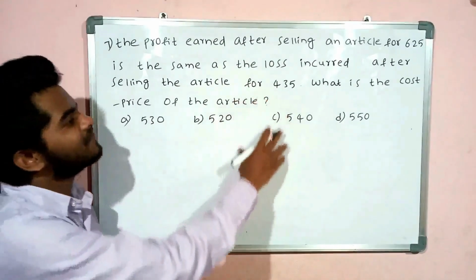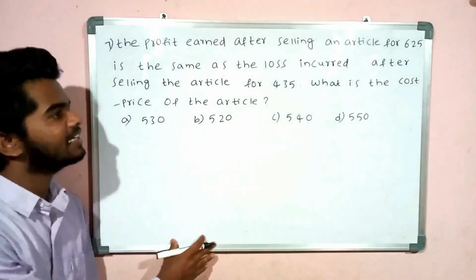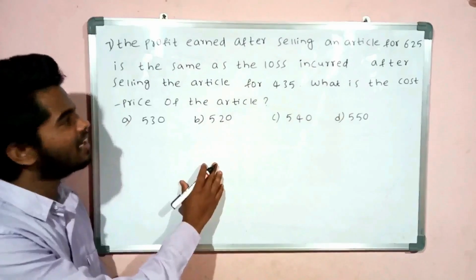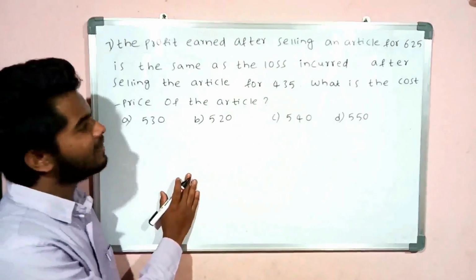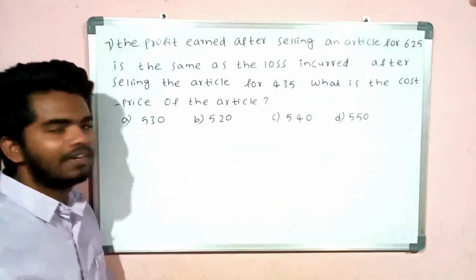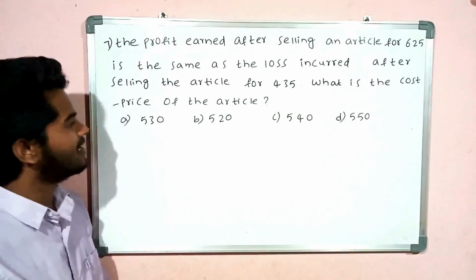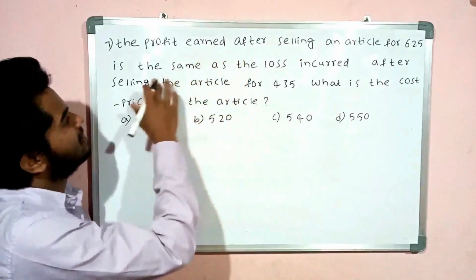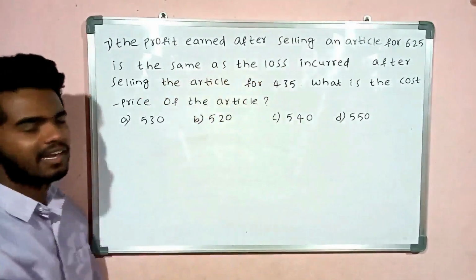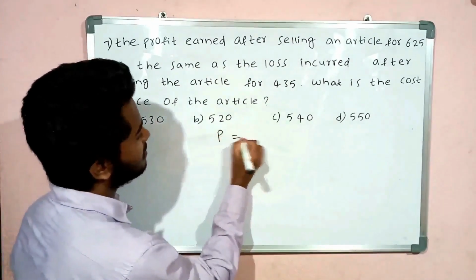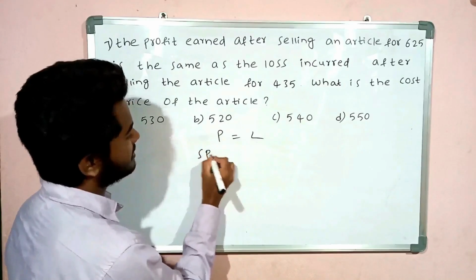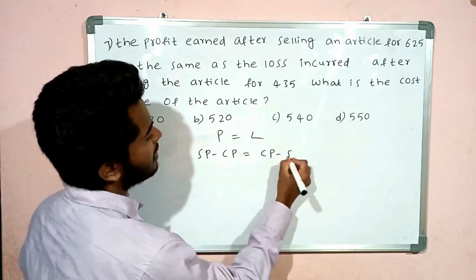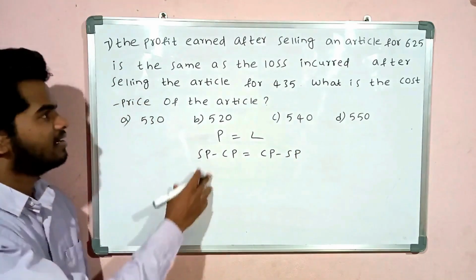Question number 7. The profit earned after selling an article for 625 is the same as the loss incurred after selling the article for 435. What is the cost price of the article? Profit equals loss. Profit equals selling price minus cost price. Loss equals cost price minus selling price.